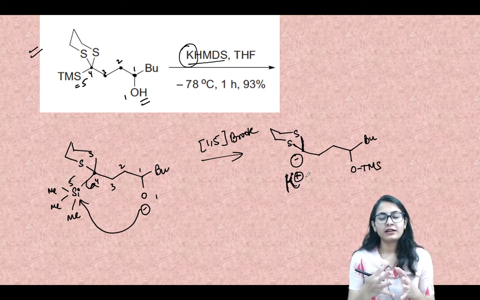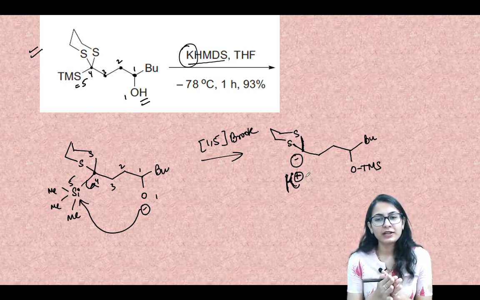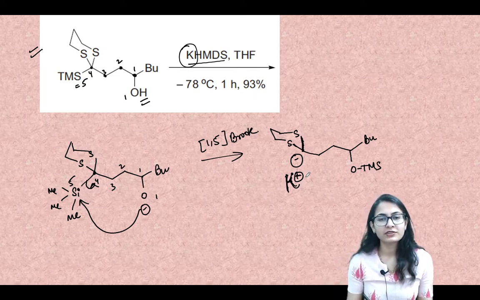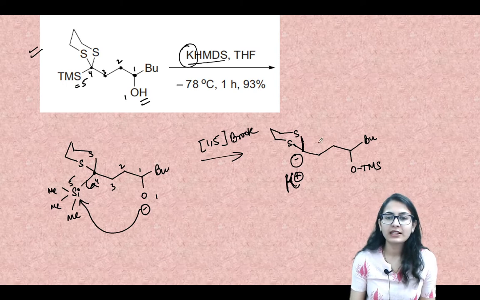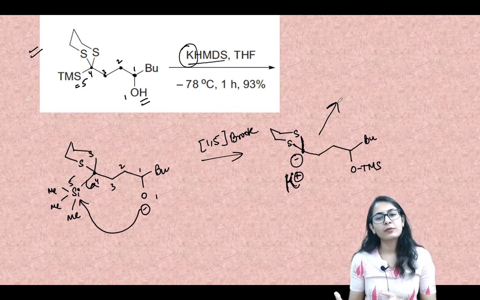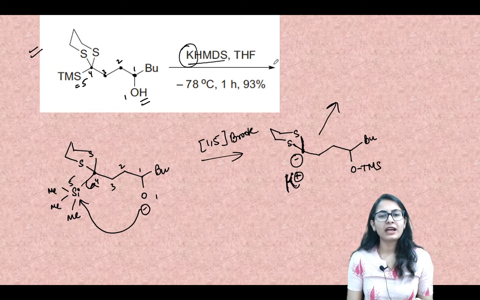Now this is more like an umpolung reaction, because usually on the carbons you have a positive charge, but in the group rearrangement you get a negative charge on the carbon. Alright, so what is the fate of this carbanion that is generated? That depends on what you are providing to it. Here we don't have any such electrophile present as such.